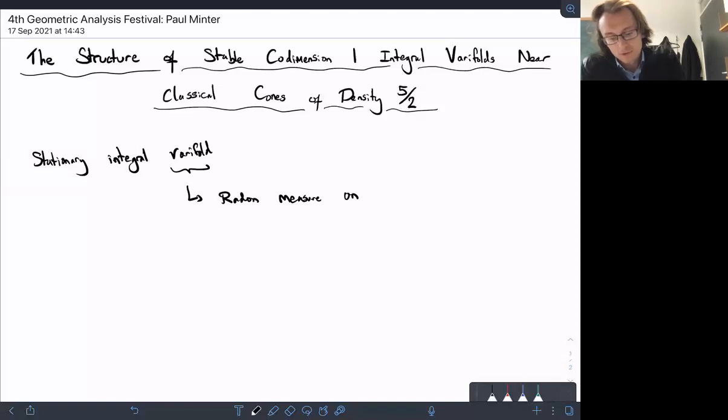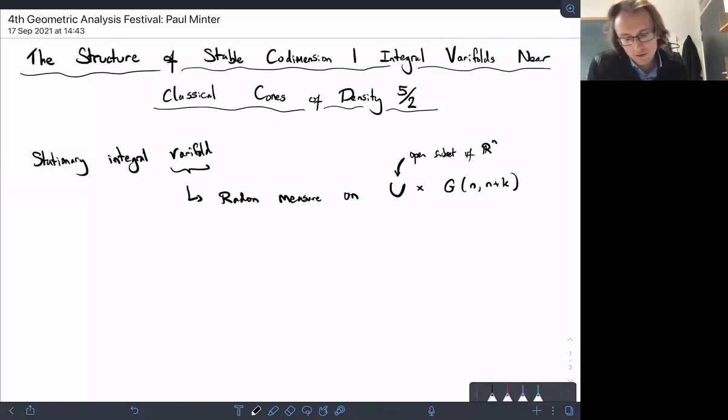So this is a Radon measure on some open subset of Rn. And then we take the Grassmannian bundle. So this is n-dimensional planes in Rn plus K. Sorry, this should be Rn plus K, an open subset of Rn plus K.